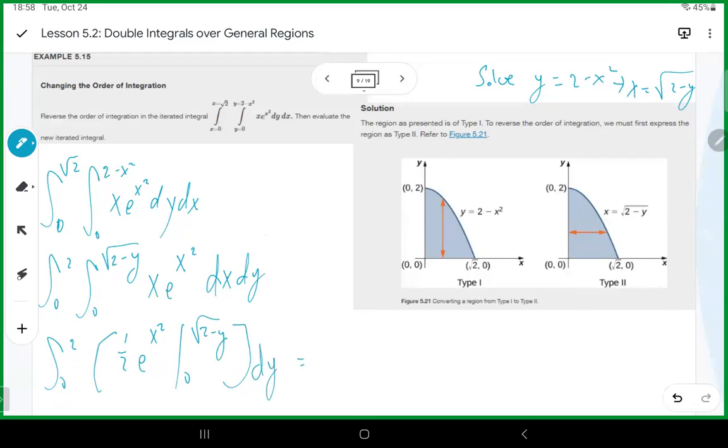And then I'll try to squeeze it all on here so you can have each piece. 1/2 e to 2 minus y minus 1 dy equals negative 1/2 e to 2 minus y plus y, from 0 to 2.